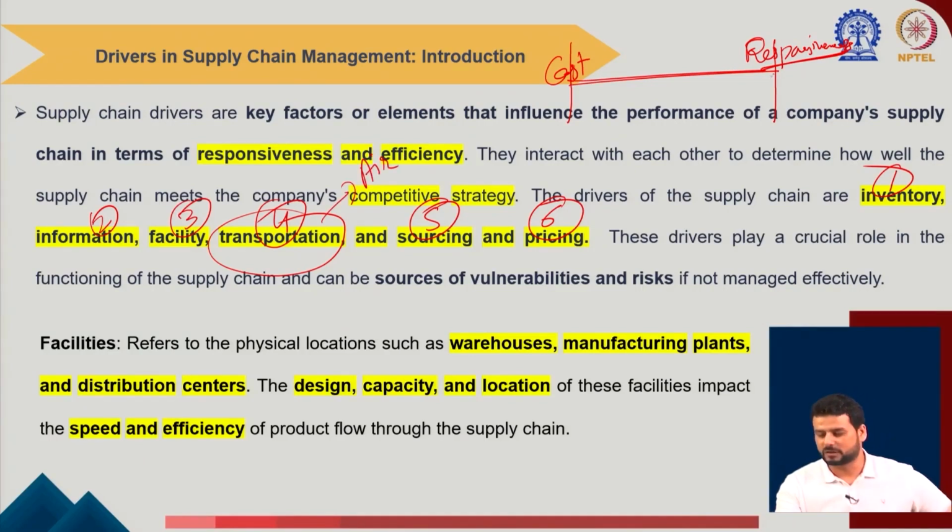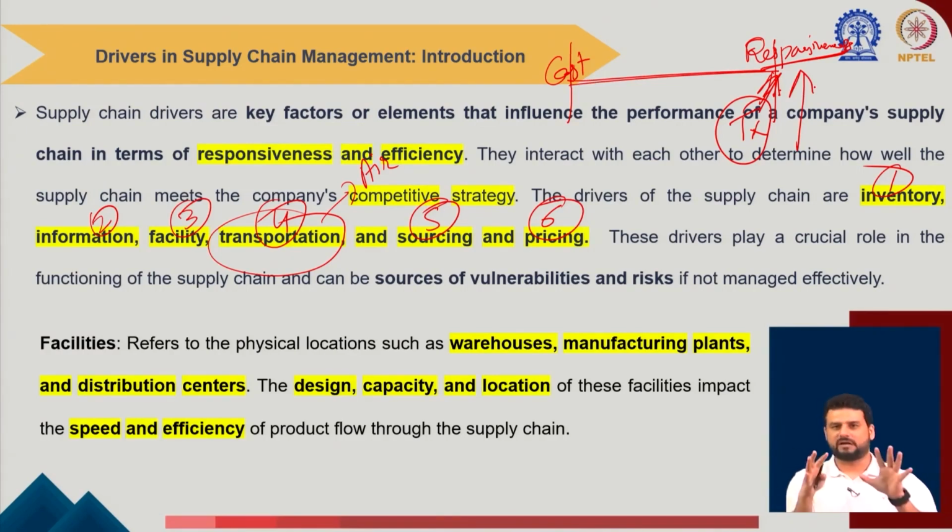It will add to the responsiveness, because we set our transportation parameter for responsiveness and quickly deliver the product to the customer, but the cost will be very high because we are using the fastest delivery mode. This is how it will affect.